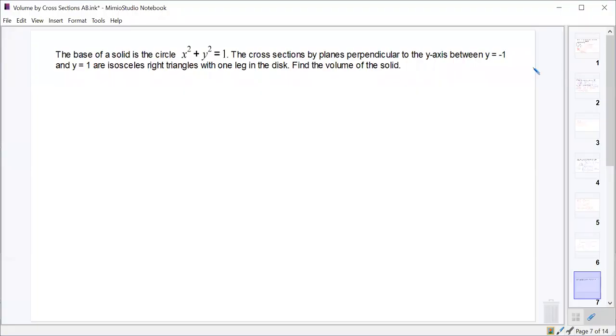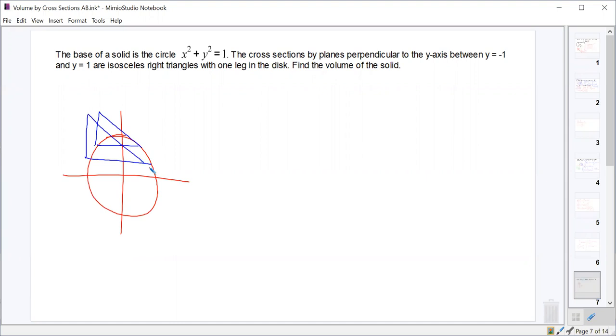All right, so x squared plus y squared equals what? Circle. Right, radius of 1 centered at the origin. And cross sections of this are perpendicular to the y-axis this time, which means that we should be drawing these isosceles right triangles as if they were going perpendicular to the y-axis.